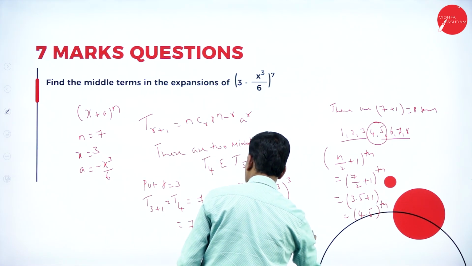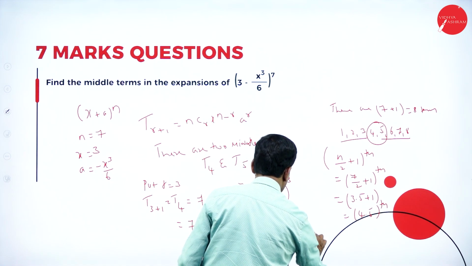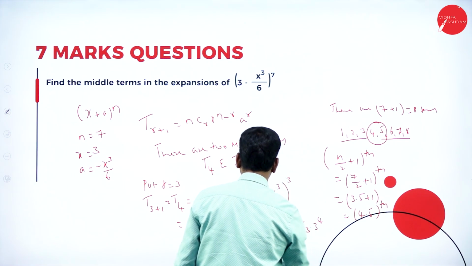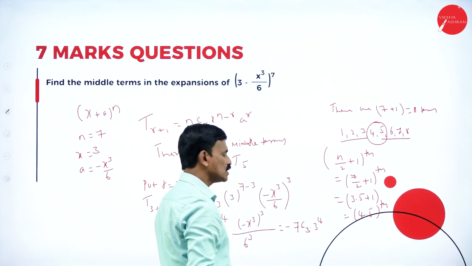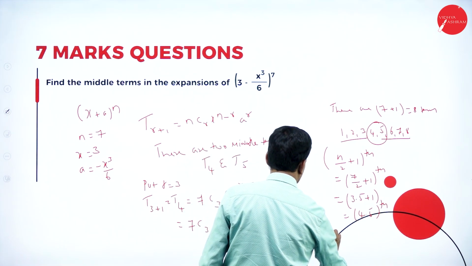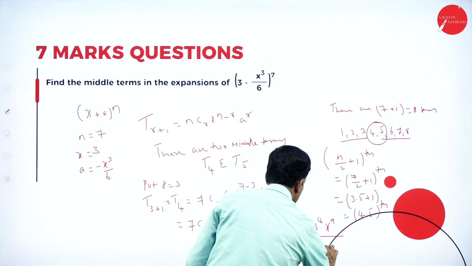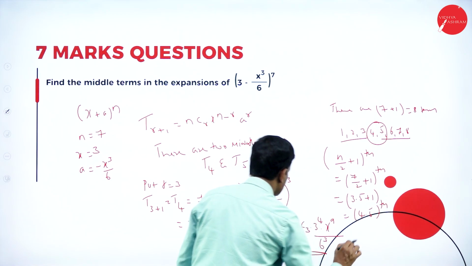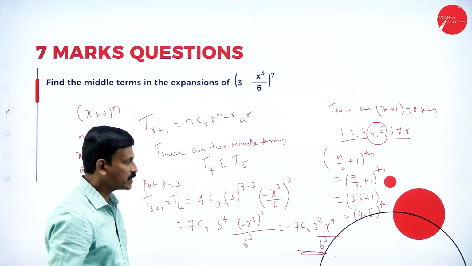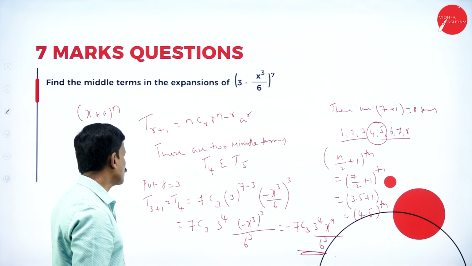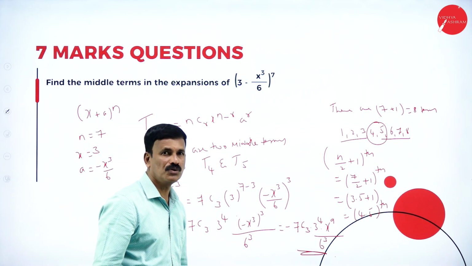So minus 7C3, 3 to the power of 4 into x cube whole raised to 3, that is x cube cubed, x to the power of 9, divided by 6 cube. So this is the simplified answer. So the 4th term is minus 7C3, 3 to the power of 4 into x to the power of 9 divided by 6 cube. Okay.